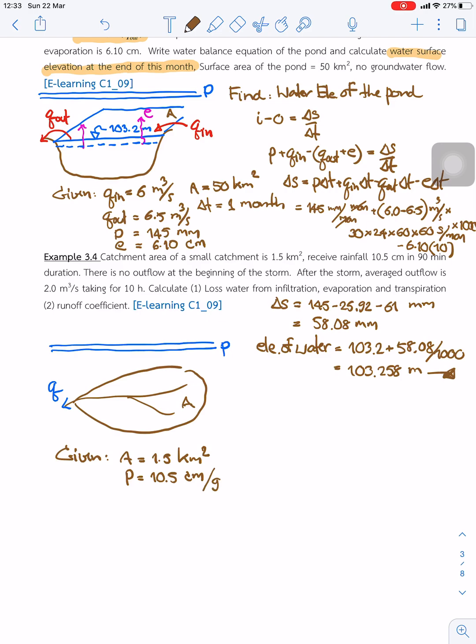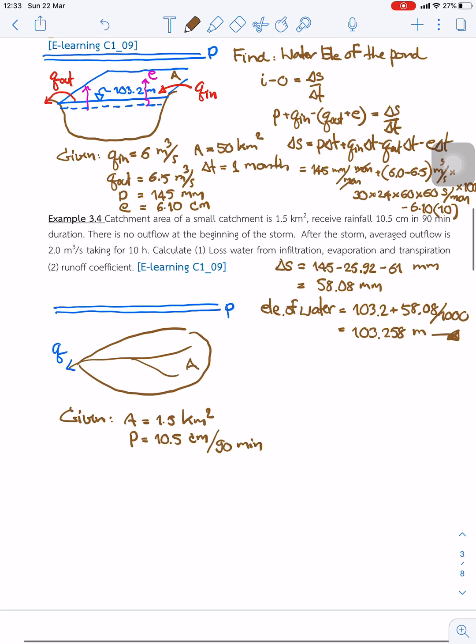So this means 10.5 centimeter per 60 minutes. Okay, so this means the TR, duration of rainfall, is 90. And Q, there is no outflow at the beginning of the storm.